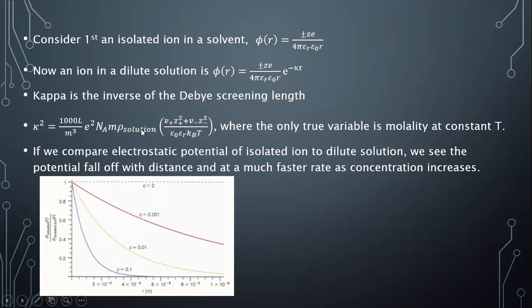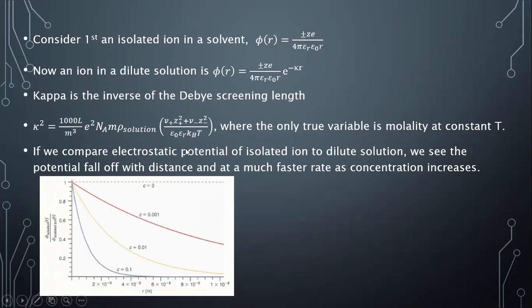So for a given solution, the only true variable is the molality at a constant temperature, and molality and temperature if you leave everything else changing. You'd have to take the square root of that to calculate kappa. Looking at the units, the 1,000 is to get this into units so that R can cancel out.